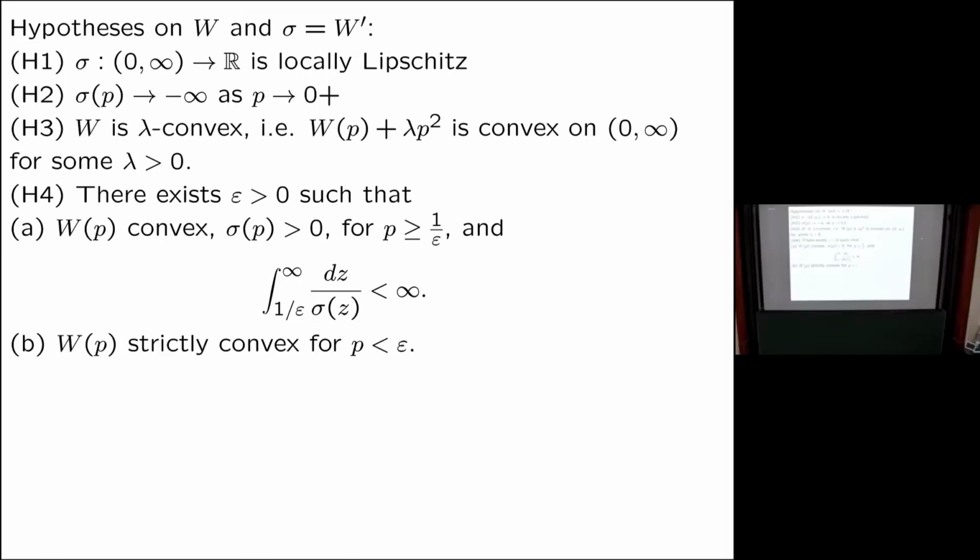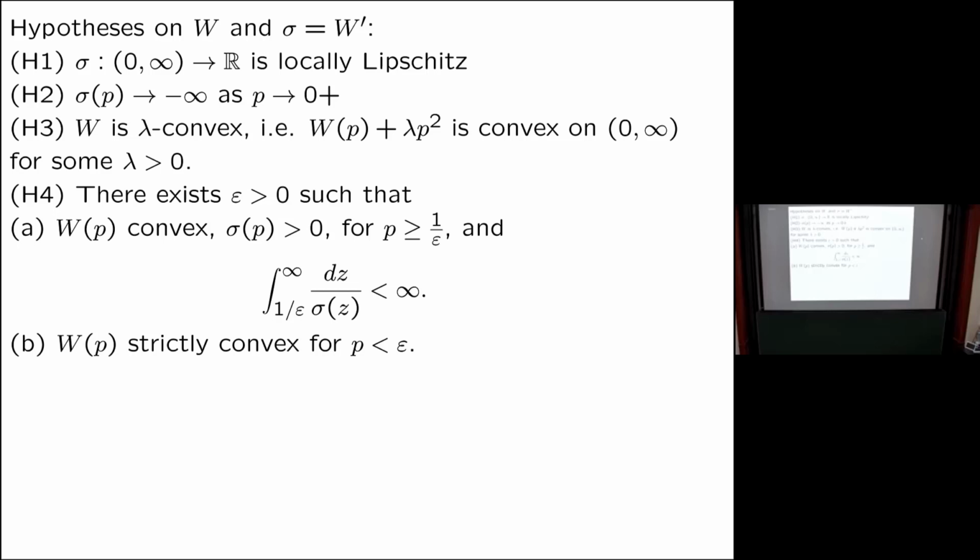And then the third one is perhaps the least intuitive, that W is lambda convex. So if we add on a suitably large multiple of P squared to W, then W is going to become convex.